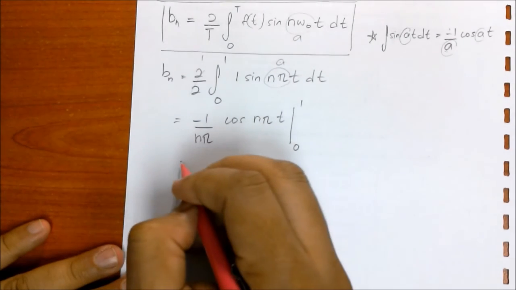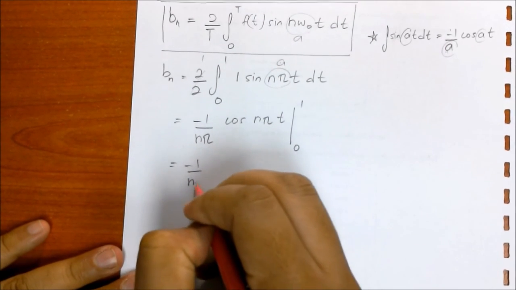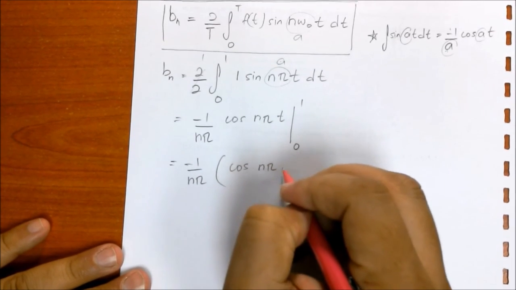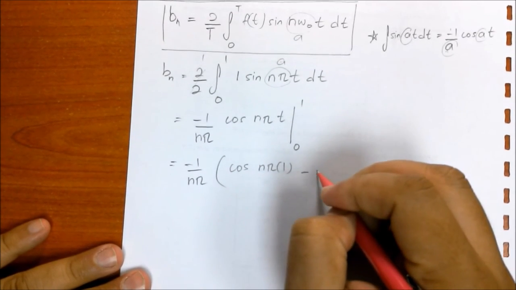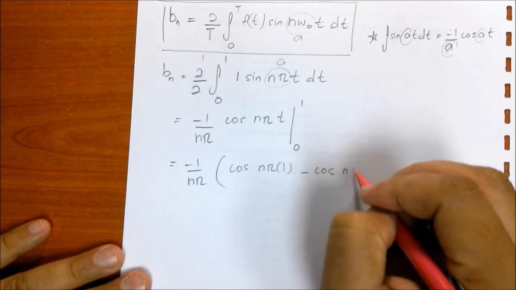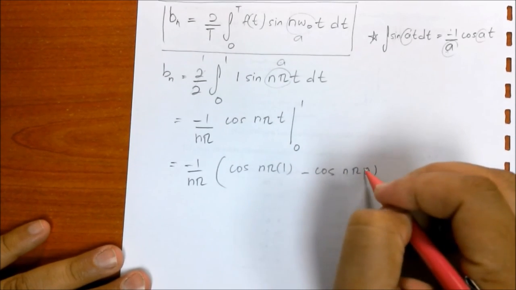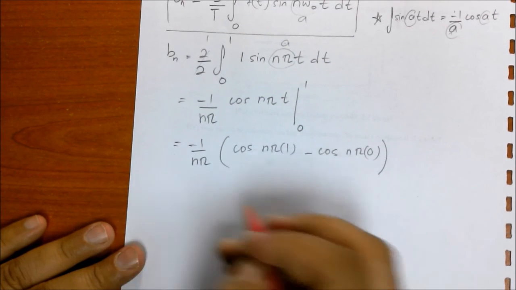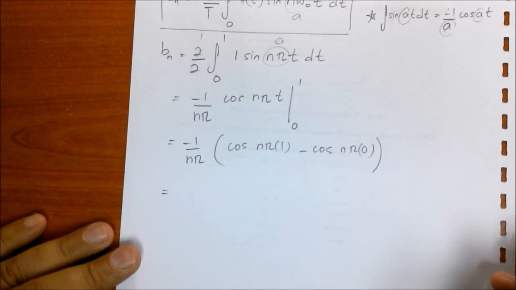Okay, so we get cos n pi 1 minus cos n pi 0.